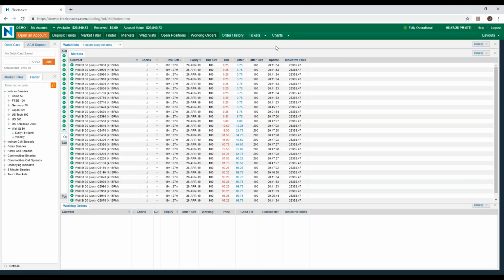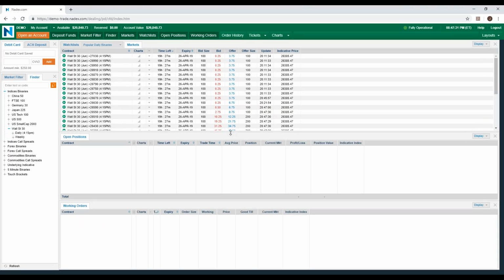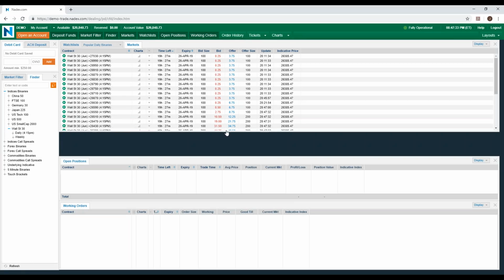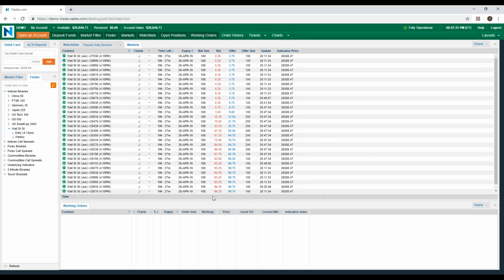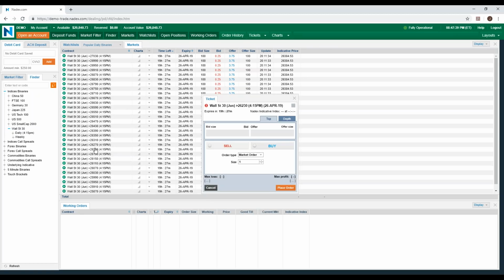If I were to buy this binary right here for $90.25, let's just call it $90, what's the most I could lose on this trade?